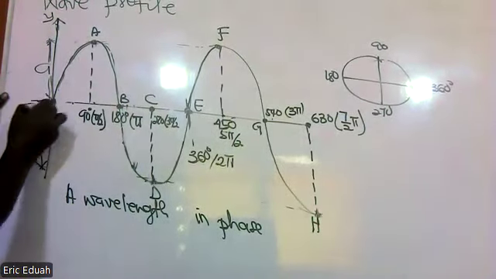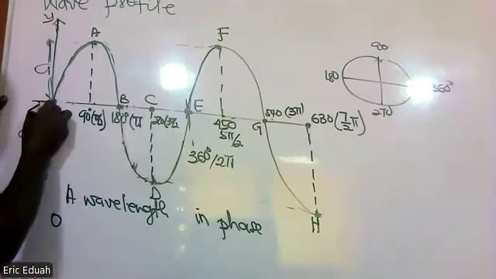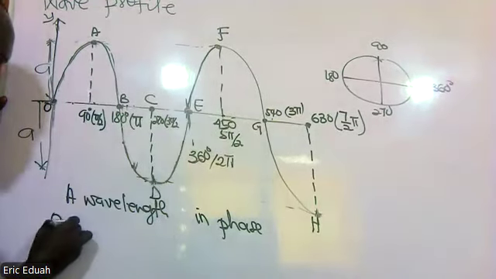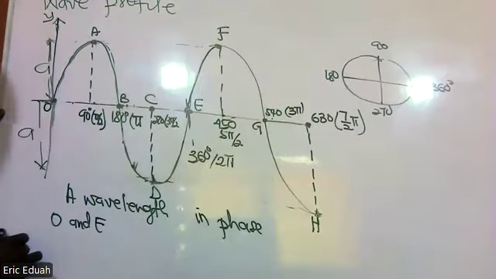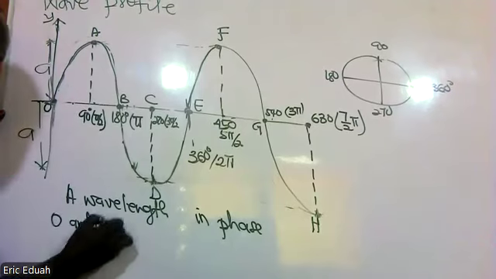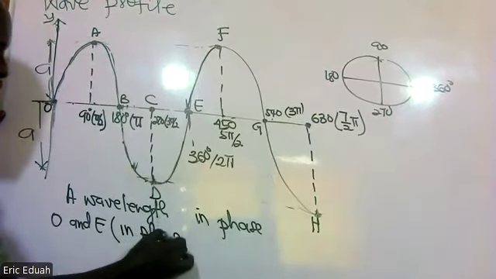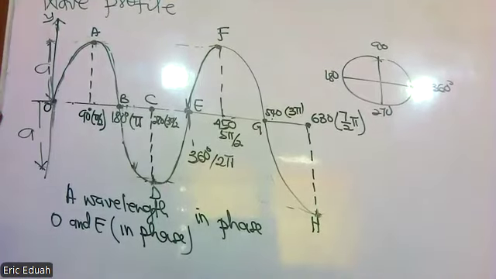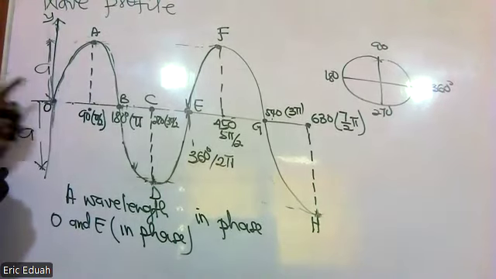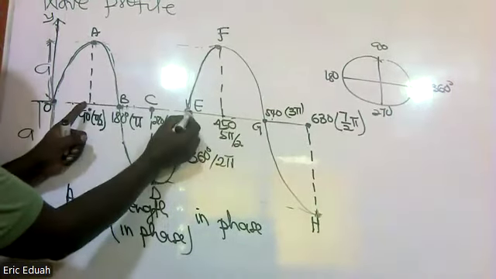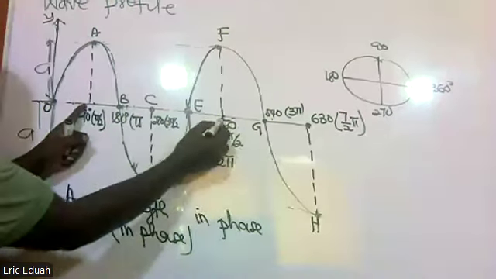So the points O and E occur at the same angle, and so we say they are in phase. This is 90. This is 360 plus 90.